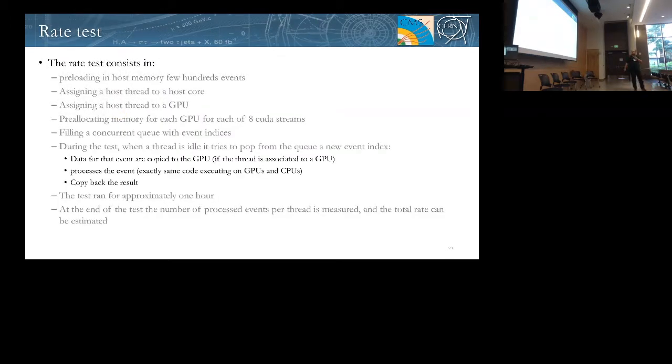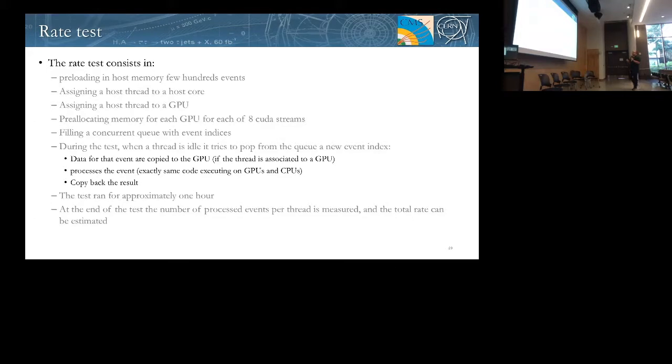A rate test consists in preloading the host memory with few hundreds events. Then you assign a host thread to a host core. So in this case, you will have 20 and something host threads. Then you will have a host thread assigned also to a single GPU. You pre-allocate memory on the GPU, because you don't want to allocate memory for every event.